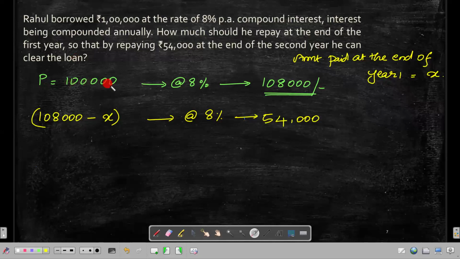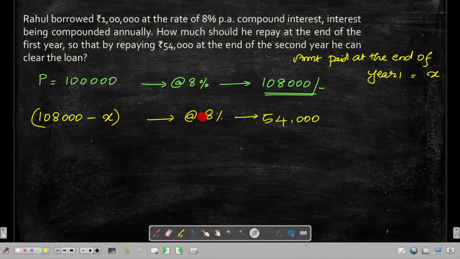So 1 lakh rupees at 8% became 1,08,000. When the load was 1,08,000, Rahul decides to pay some amount and reduce his loan burden. Let me say he paid some X rupees at the end of the first year. When he repays that, 1,08,000 minus X becomes the outstanding.